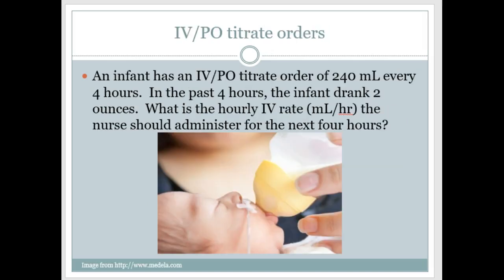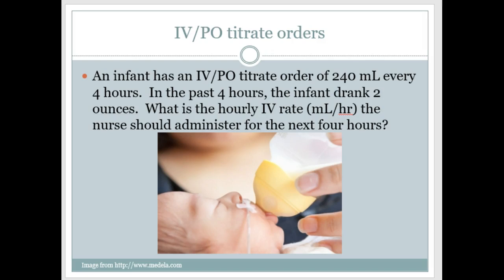Something that is sort of similar is an IV PO titrate order. What this order allows us to do is we have a goal for fluid volume over a set amount of time. And we need to meet that goal either with IV fluids or oral fluid intake. And so if an infant is feeding well, we can decrease their IV rate. Or conversely, if they're not feeding well, we can increase that IV rate so that we're meeting those fluid needs.